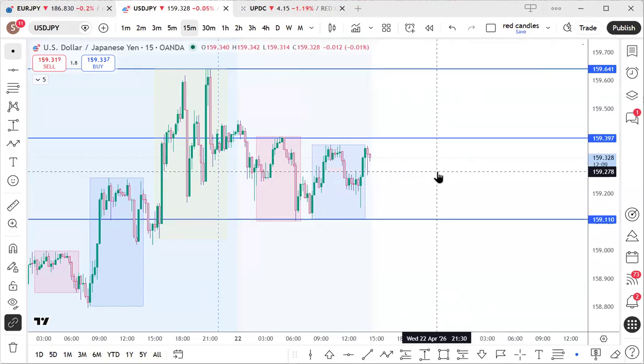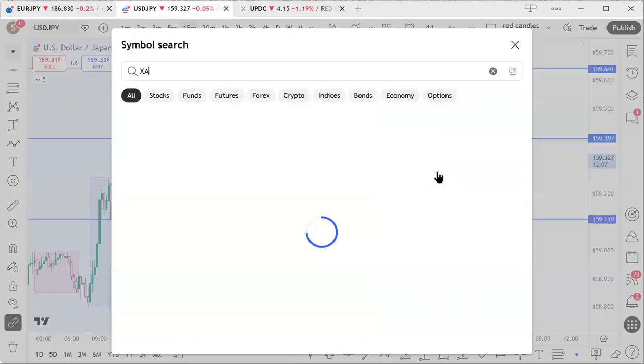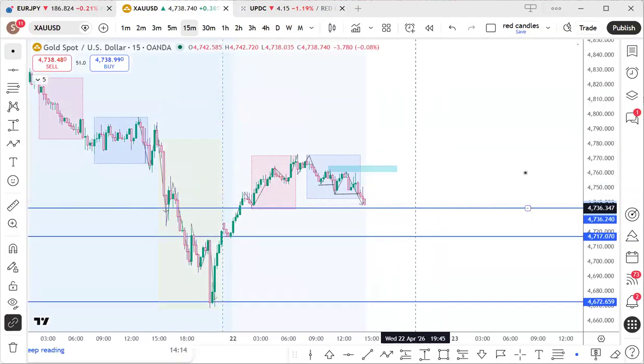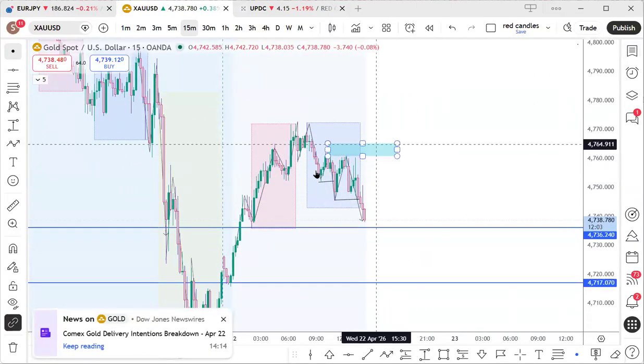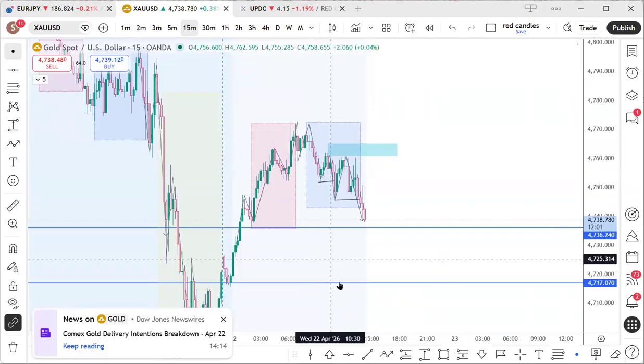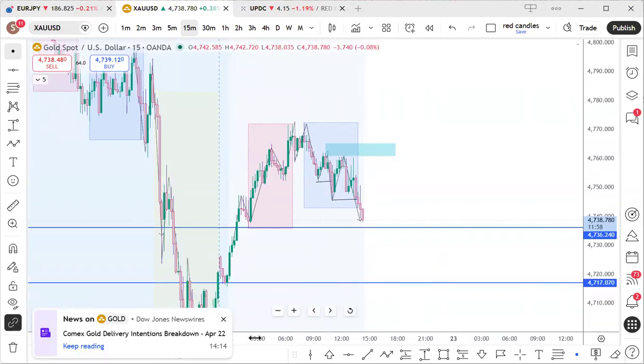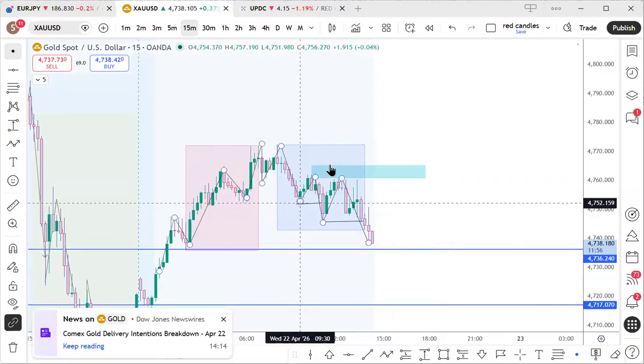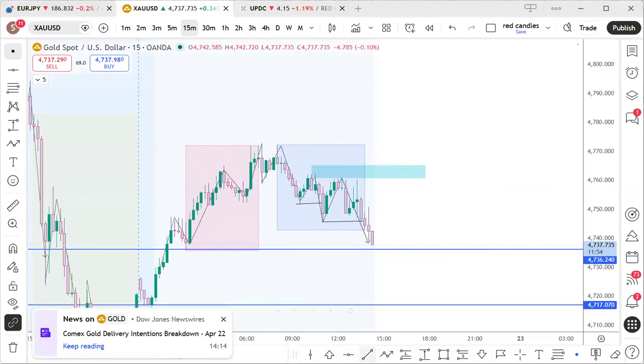Okay, so not a lot of movement, but the one that looks a bit promising is this gold trade. So you have a sell. Actually, we've missed that entry now.